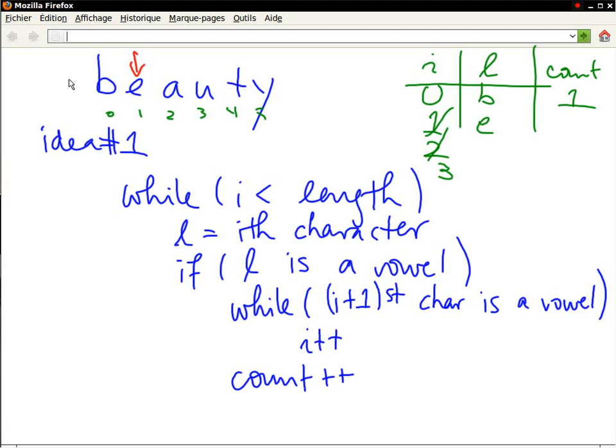And now I come back. Is I less than the length? What's I right now? It was 3. Is I less than the length? It is less than the length. Right? So what's the ith character? What's the ith character?